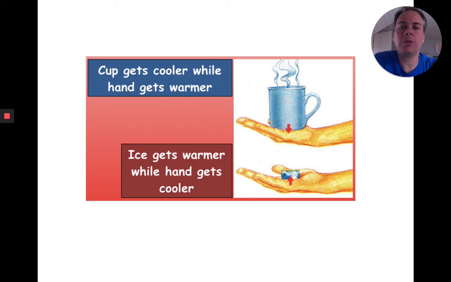What's going to happen is your glass of water is going to lose heat to the cool air in the refrigerator, and therefore the temperature of your glass of water is going to decrease. It's going to decrease until it matches the temperature of the refrigerator. Can that glass of water ever get colder than the refrigerator? No. The coldest it's going to get is the temperature of the refrigerator.